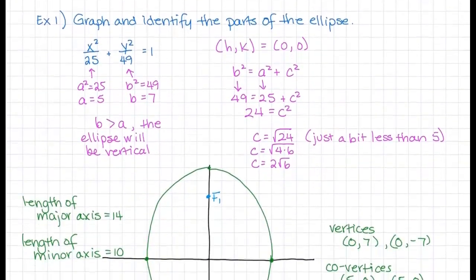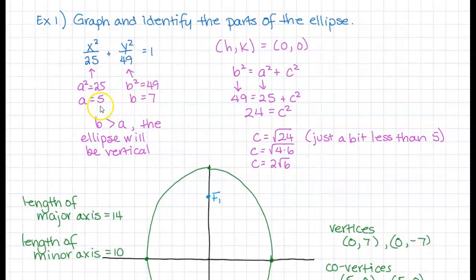So first thing is, there is no x plus or minus something or y plus or minus something, so we know that hk is going to be at 0, 0. We can also see that, remember, a is the horizontal distance, it's always the denominator of x, and so a squared is 25, so a must be 5. B squared, which is the vertical distance from the center, that's going to be 49, so b must be 7.